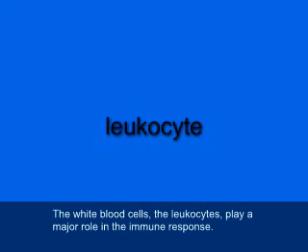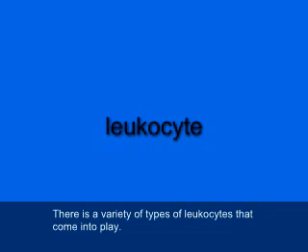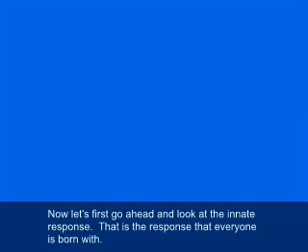Well, the white blood cells, the leukocytes, play a major role in the immune response. And there's a variety of types of leukocytes that come into play. Now let's first go ahead and look at the innate response. That is the response that everyone is born with.